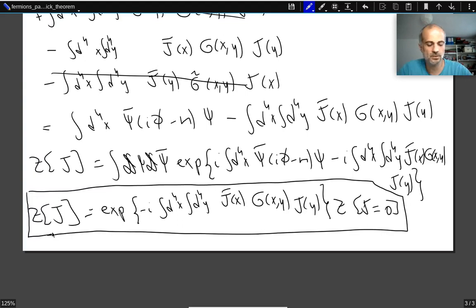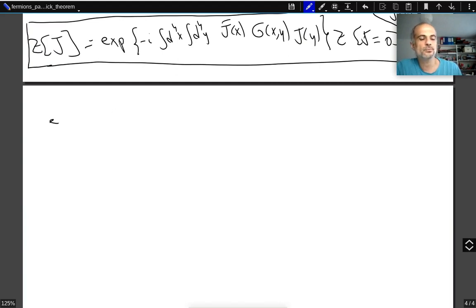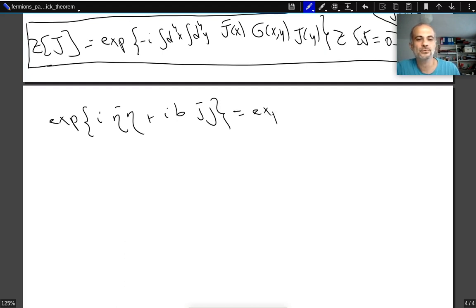Well, there is one point that we need to pay attention to. Here I used this property of the Grassmann variables: exp(i η̄η + i b j̄j), some constant times, let's call that j̄j, where η and j are Grassmannian numbers, is equal to exp(i η̄η) exp(i b j̄j).